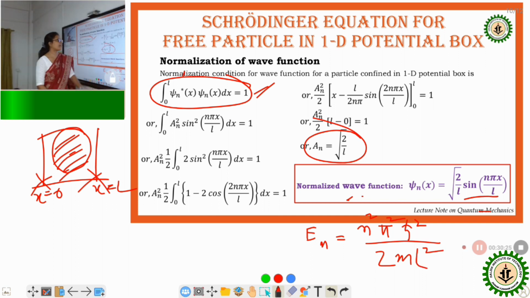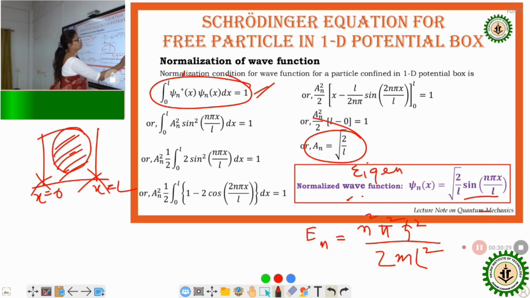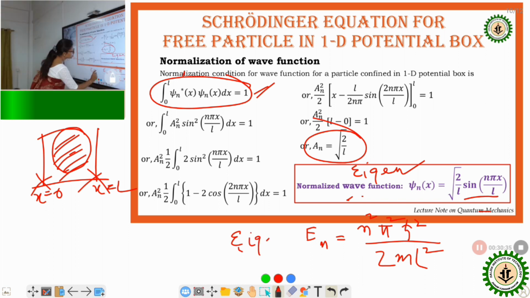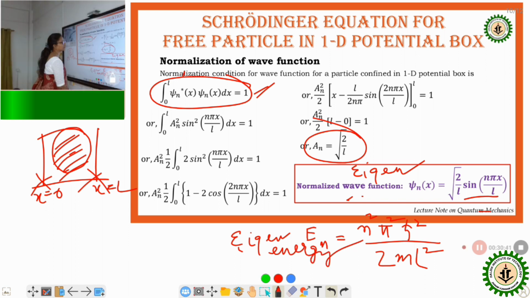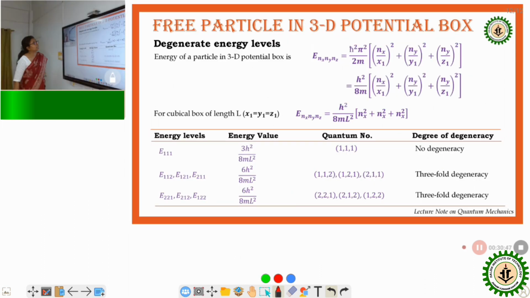This is the eigen function, and this is the eigen energy. Okay, so this is all about the particle in a one-dimensional box.